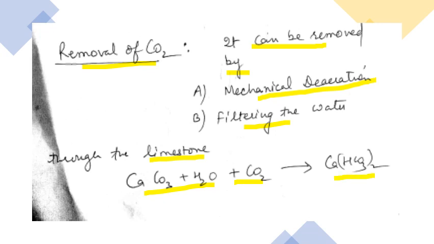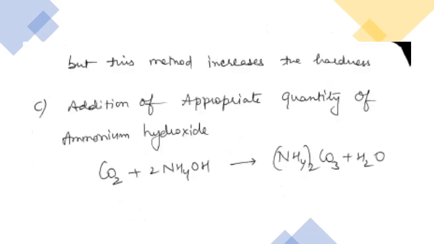So it converts into the bicarbonates. But this method causes an increase in the hardness. If you use limestone for the removal of CO2, it increases the hardness because it is converting into bicarbonate salt. So we cannot say that this is the appropriate method for CO2 removal.